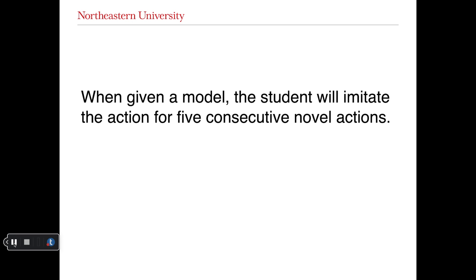The first one is, when given a model, the student will imitate the action for 5 consecutive novel actions. So let's see. Take a minute to point out the who, what, when, and to what extent.